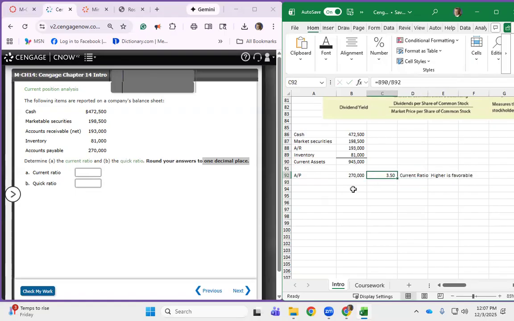What this means is for every dollar of liabilities that we have, there are $3.50 of current assets to pay them.